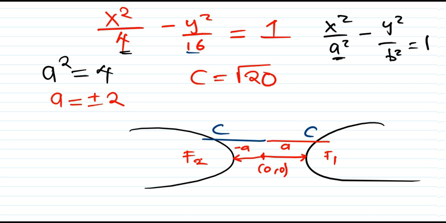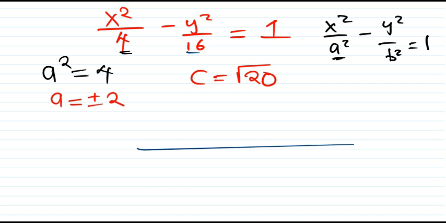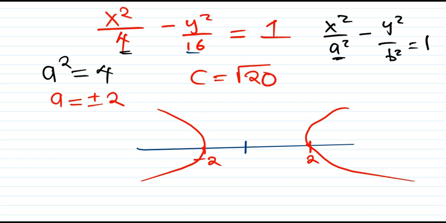To give the coordinates for the vertices, which is the shorter distance along the x-axis, the y-coordinate is 0. So the shorter distance, which is a, is -2 and 2. Those are the coordinates for the vertices, the points where we're going to have the hyperbola like that.